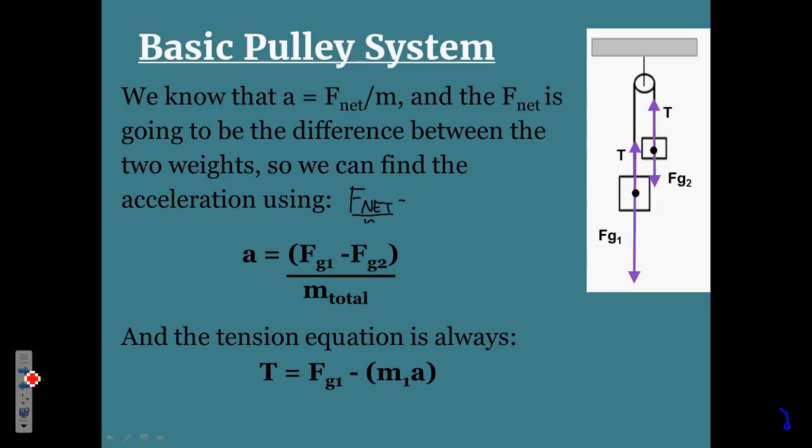Notice it's the M1 mass. It's the mass of the heaviest box, times acceleration, which is what we get from there. And that's going to be our tension. So we only use FG1 here, and we subtract out its mass times the acceleration that we just calculated.